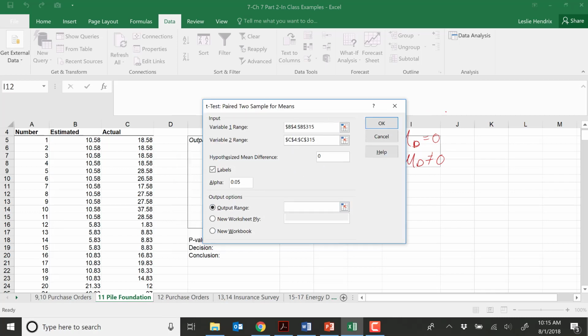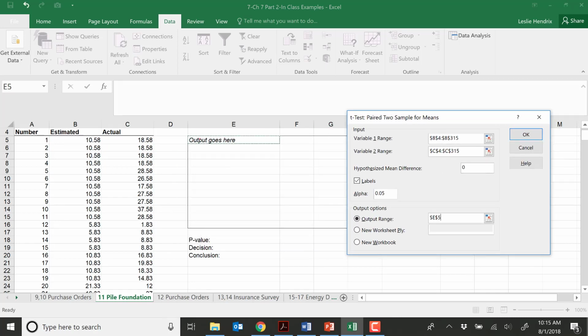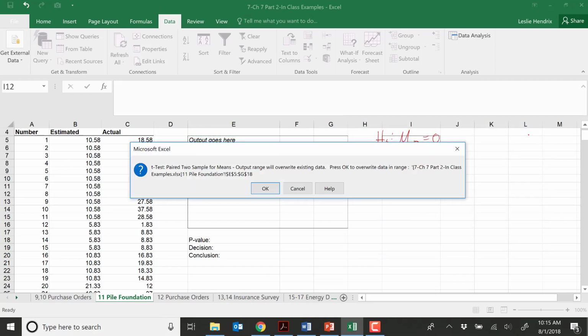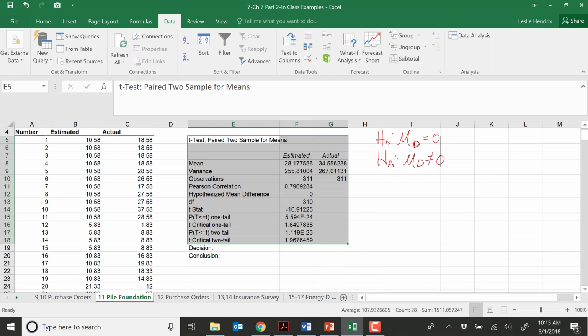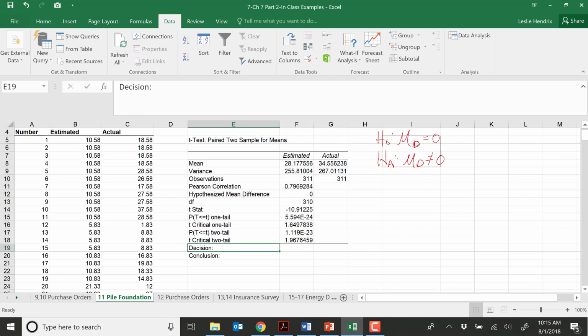There we go. Whew. And click OK. All right, so there is my output. And I'm just going to, I overwrote my little blank spaces here. So I'm going to type those back in.